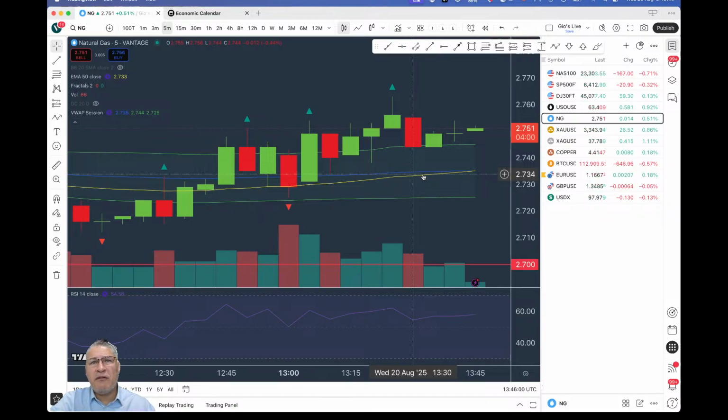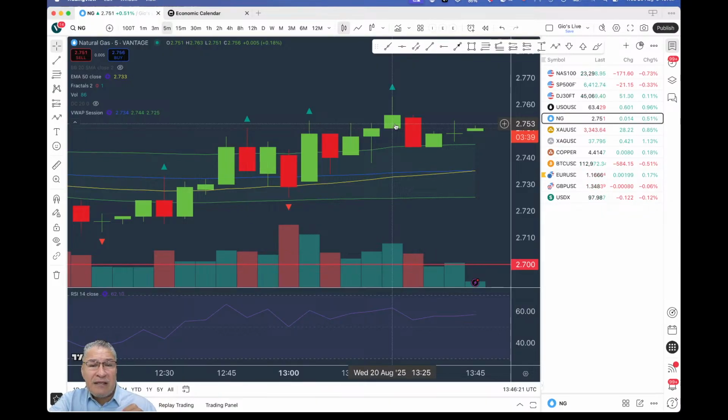This is an exponential moving average, so the trend is higher. We want to identify the most recent fractal up, that one, and place a buy stop order a few ticks above the high of this fractal. So the high of this fractal is 2.763, right?